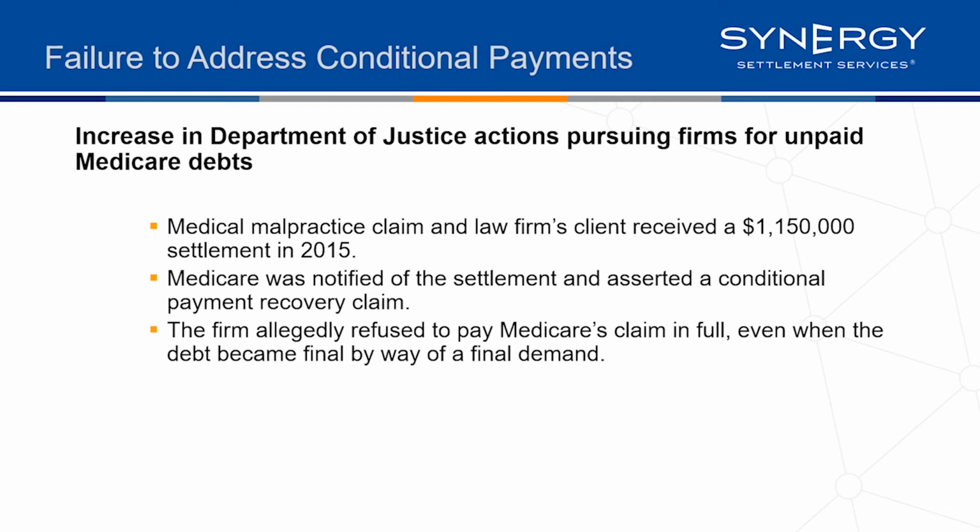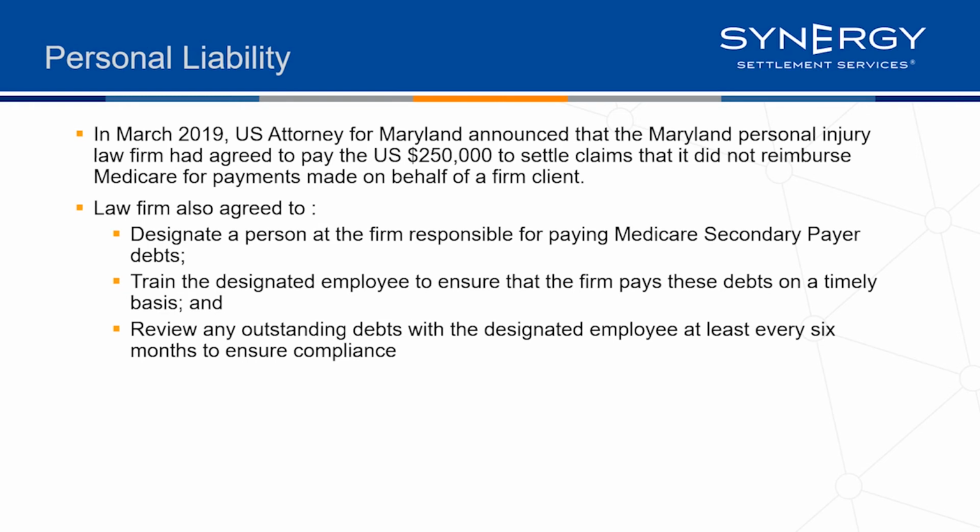Nothing happens for several years until we fast forward to March of 2019. At that point, there was an announcement by the U.S. Attorney for Maryland that a Maryland personal injury law firm had agreed to pay the U.S. $250,000 to settle claims that it did not reimburse Medicare for conditional payments made on behalf of the firm's client.